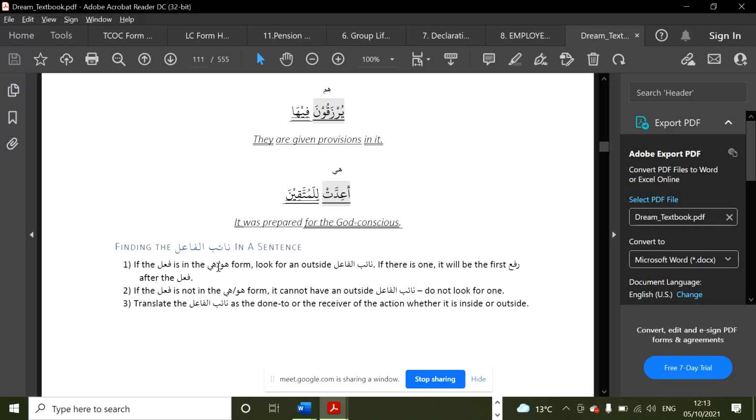What is the rule for mudari' mabni lil majhul? What do we look for? I'm asking about the harakats, not about the letters changing. So the first of the letters is a dhamma.